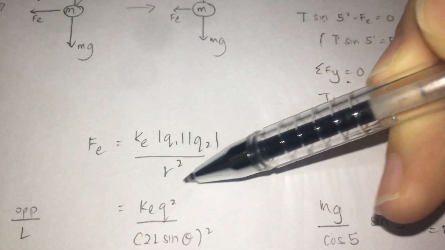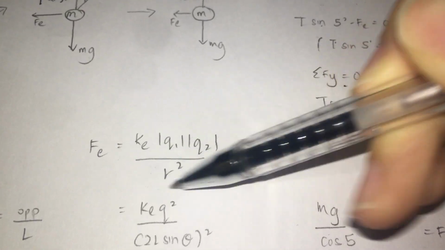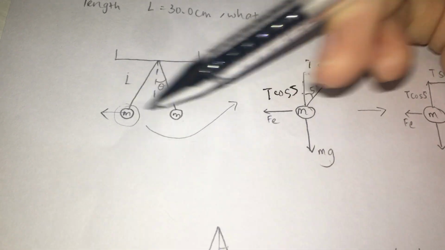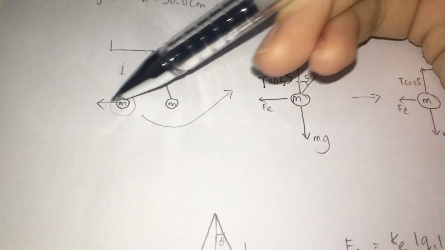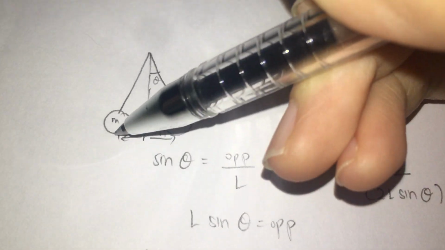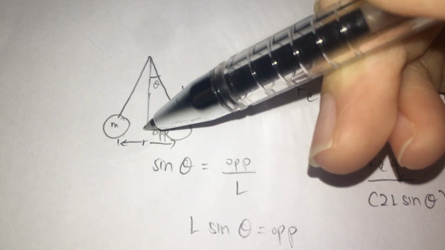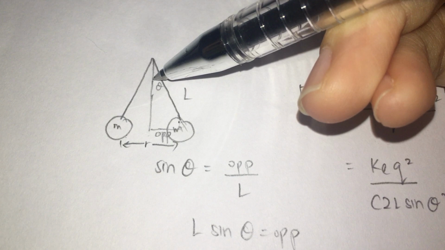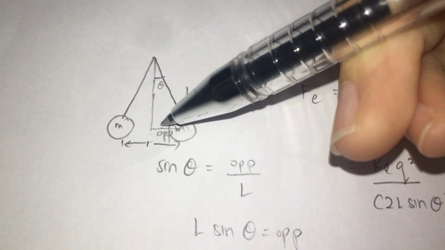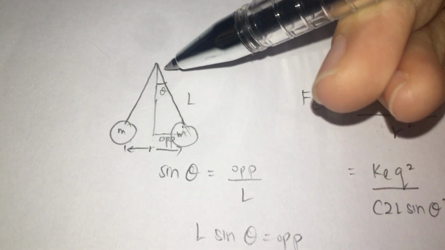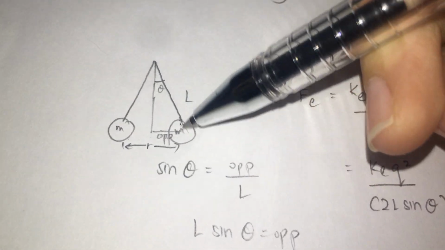So firstly we need to find the distance between these two spheres, these two mass spheres. So in order to find that, we can just draw a right angle triangle here, and since this side is opposite to the angle, we can just label it as the opposite, and this side is the hypotenuse.